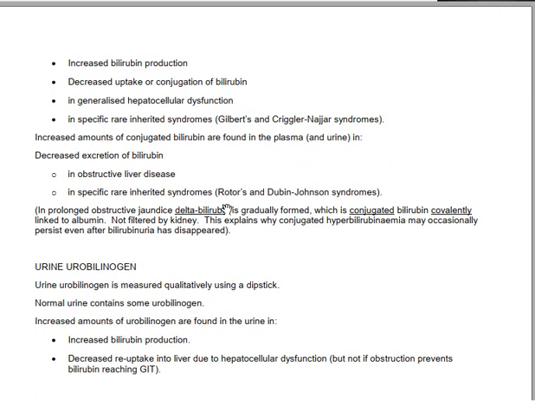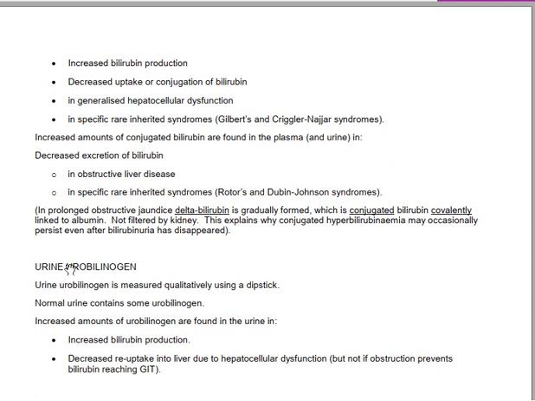For the Rotor syndrome, normally in the biliary canaliculi you are going to have cilia, in order for you to beat the bilirubin out of the biliary canaliculi. In the Rotor syndrome, this ciliary system is not working. While in the Johnson syndrome, there is inability of the hepatic cell to excrete bilirubin into the biliary canaliculi.